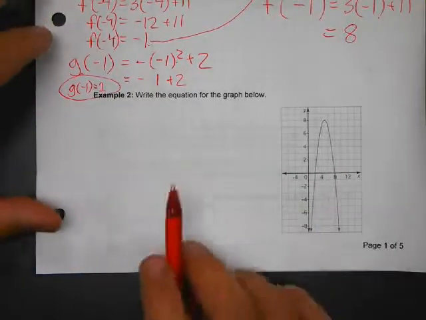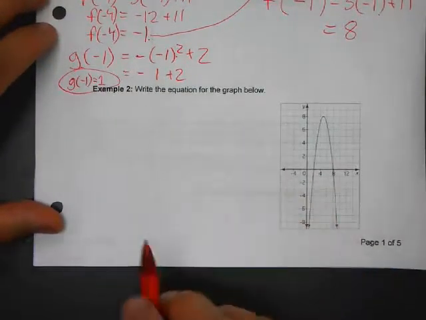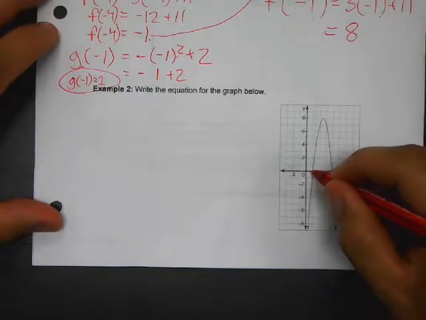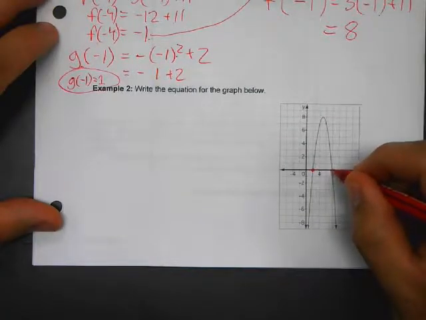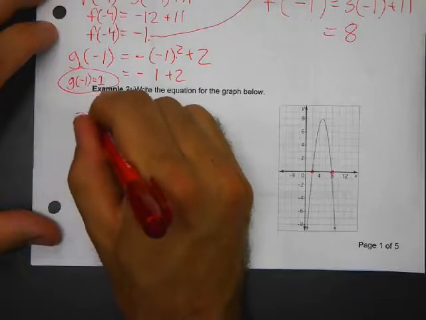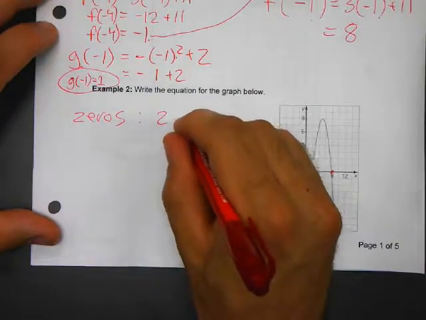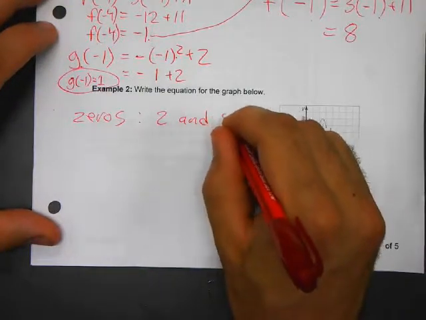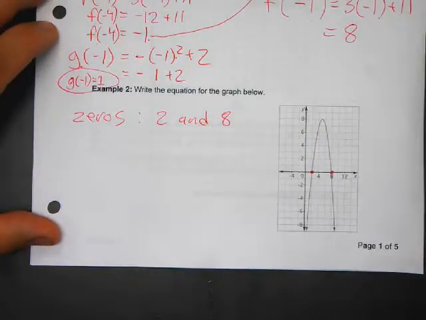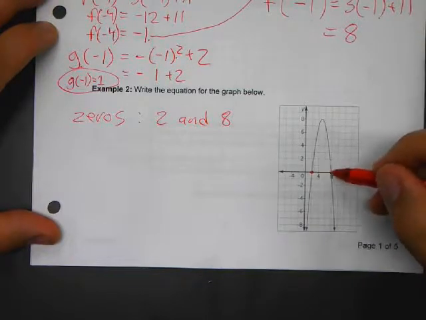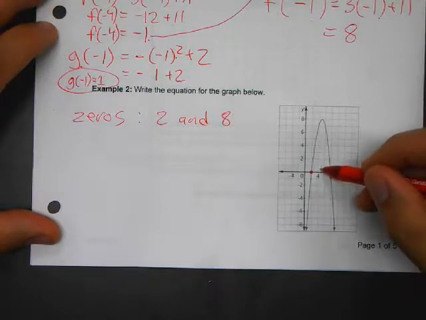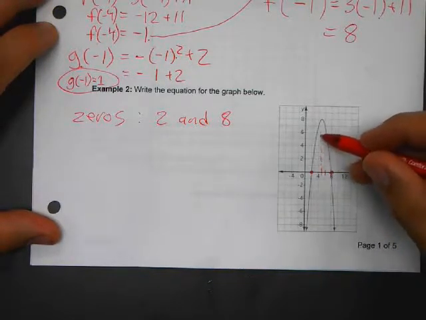All right, next example. It says write the equation for the graph below. So I'm going to identify where the zeros are. So the zeros, or the x-intercepts, are 2 and 8. Don't write it as an ordered pair. Next thing, if this is 4, this is 6, halfway in the middle here, that's 5.